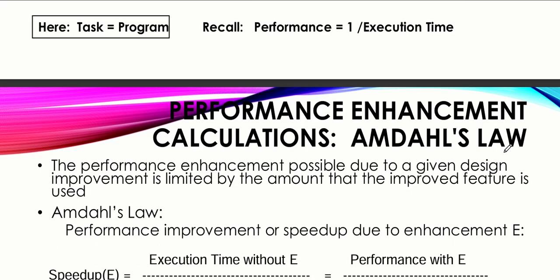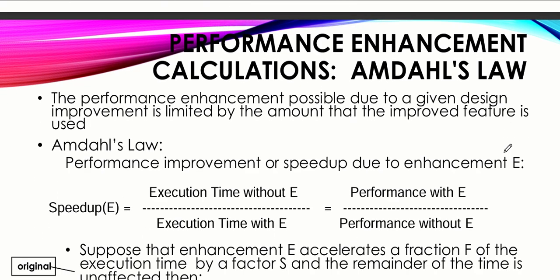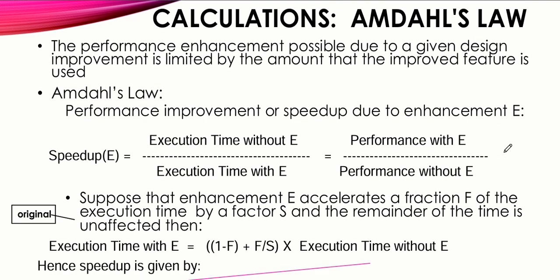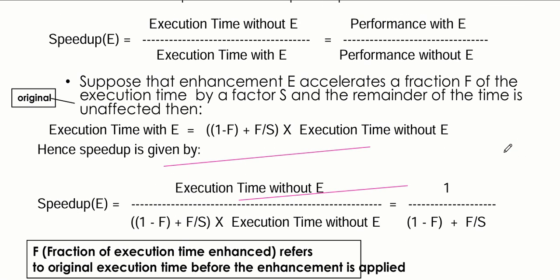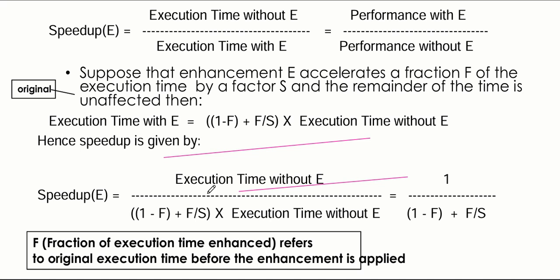Yes, so let's try a calculation, and this is actually a derivation for Amdahl's law, right? So we don't have to really go through the whole thing, but it's a bit simple when you take a look at it this way.